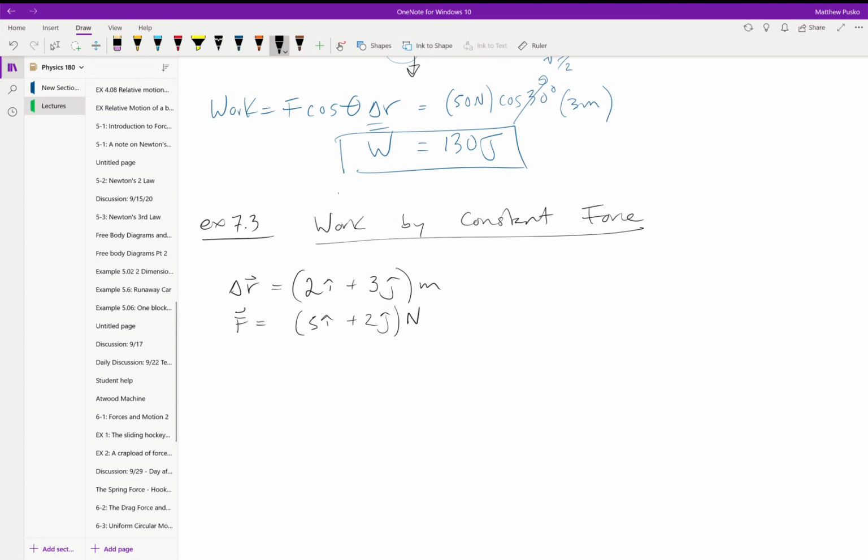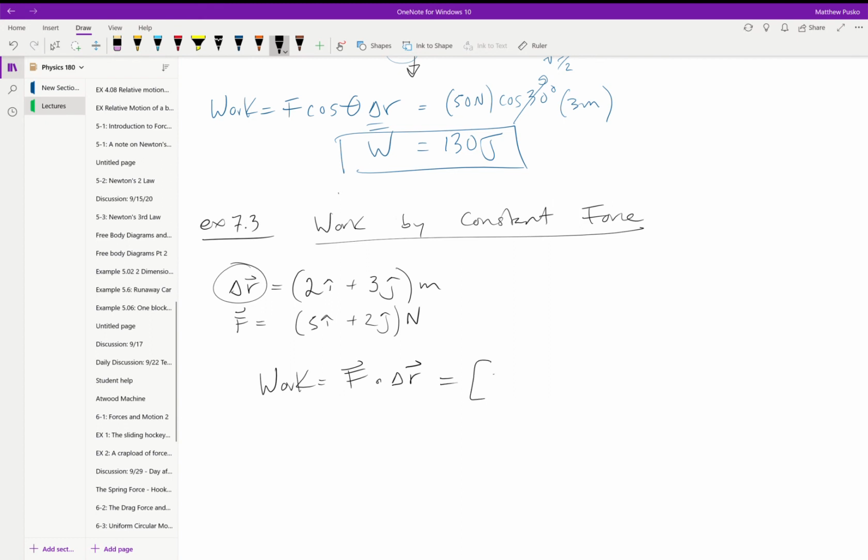They want us to calculate the work done on the particle by that force. So the work, by definition, would be equal to F dotted into dr. In this case, we're not going to have to integrate from one position to another. We have the whole displacement, so we can just dot it directly into the displacement itself.